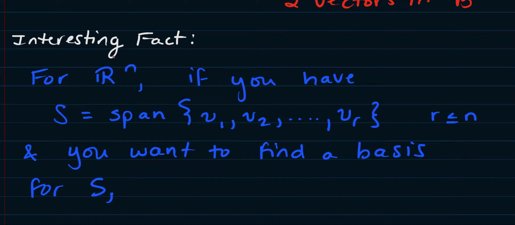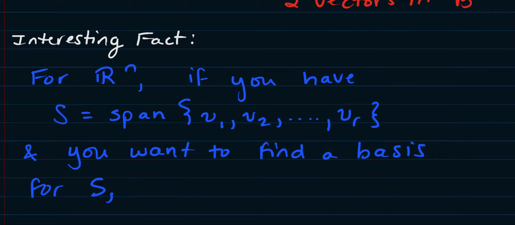For Rn, if you have a set S, and this set is spanned by some vectors in Rn, so V1 through Vr, where r is less than or equal to n, and you want to find a basis. In fact, this could be bigger than n, doesn't matter. So we'll just say you have r vectors, and you want to find a basis for this space S.